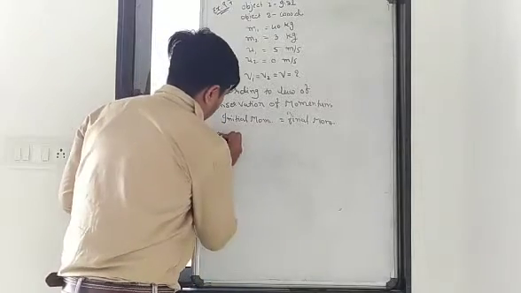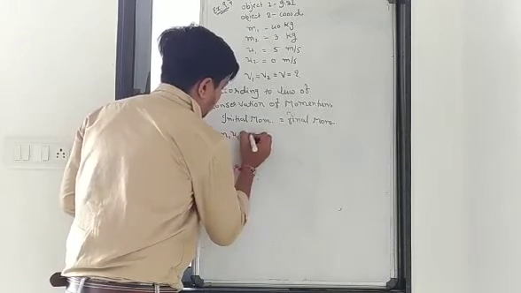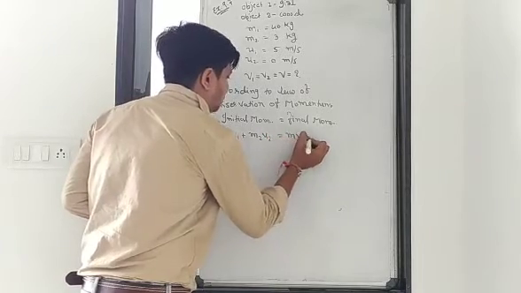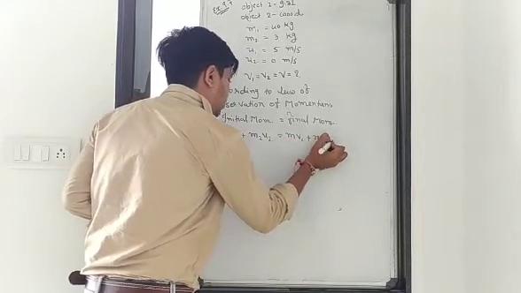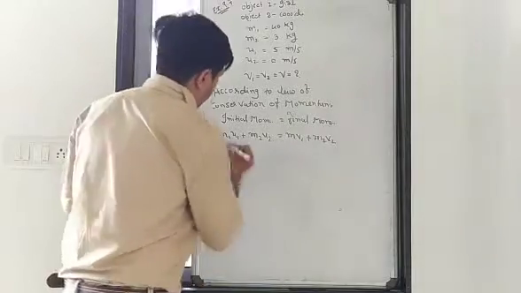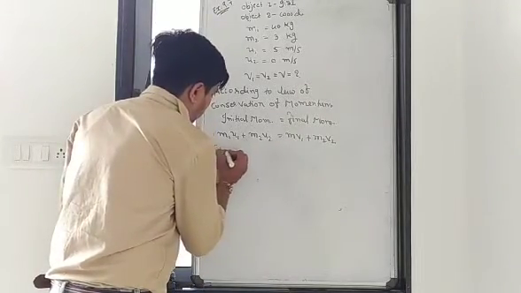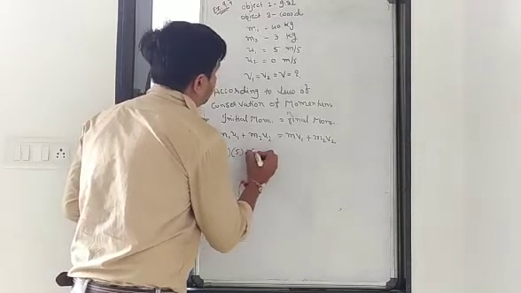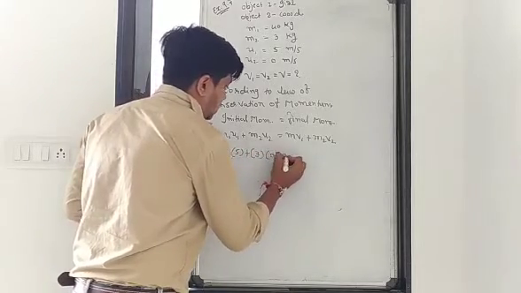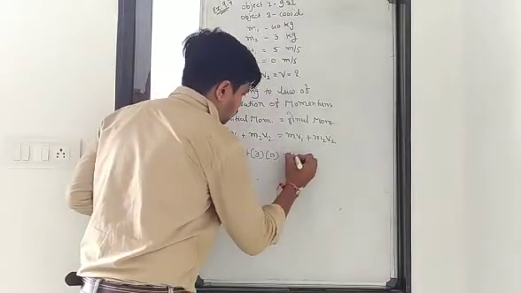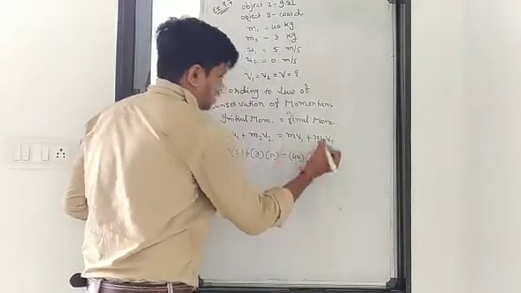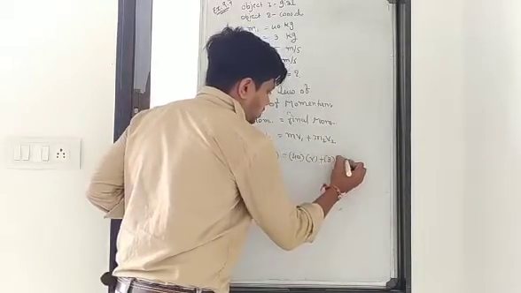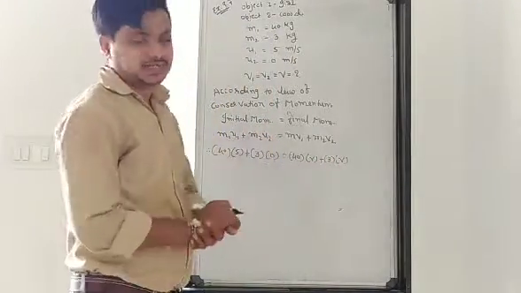The initial is m1u1 plus m2u2 is equal to m1v1 plus m2v2. Put the values. m1 is 40, u1 is 5, m2 is 3, u2 is 0. m1 is 40 and v1 is v, right? m2 is 3, v2 is v, because both the velocities are the same.